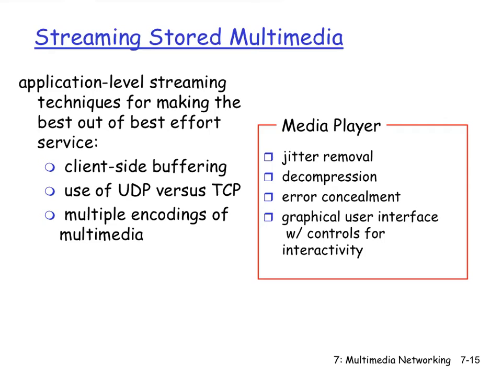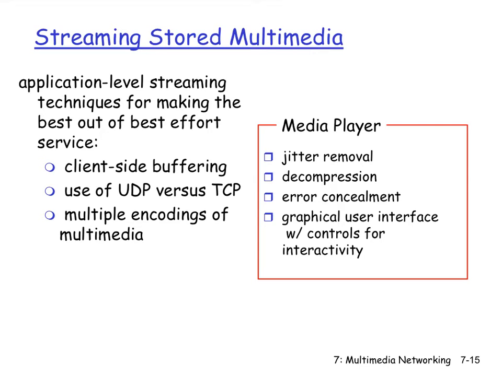We started also talking about streaming stored multimedia, and we said that there are two choices for this. We have UDP and we have TCP. UDP sometimes is used with RTP to provide, again, synchronization and sequencing and so on.